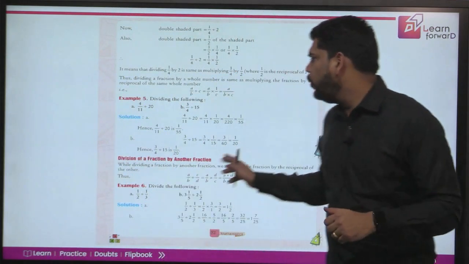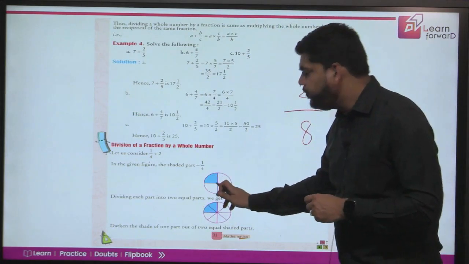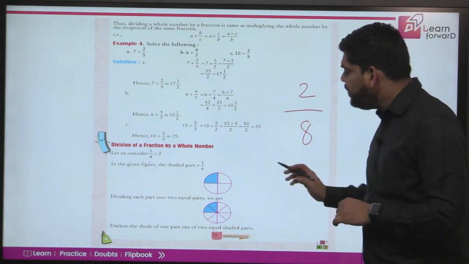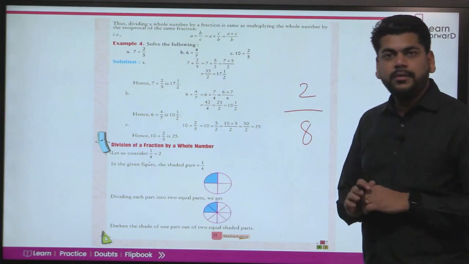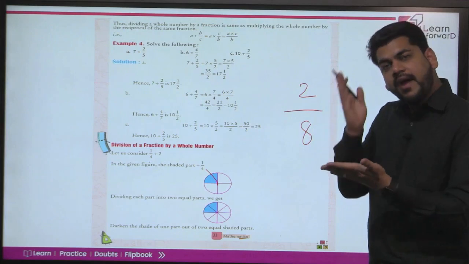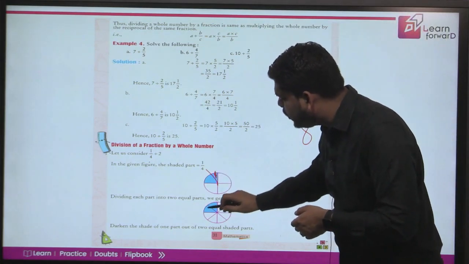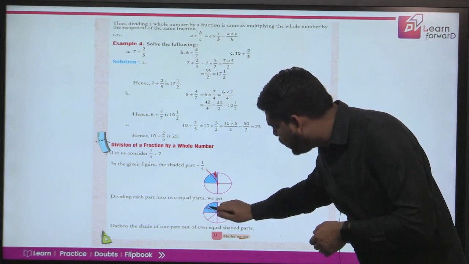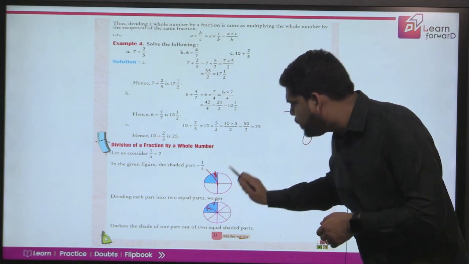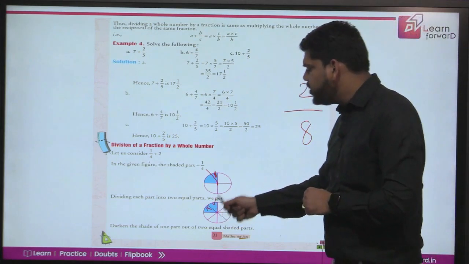Okay, so in this particular case, we have made 1/4 of this pizza, and if I say you don't take this one, you take half of it, you divide it into 2 parts, and then only take this portion, not the complete one. This one is wrongly shaded over here, only this particular portion you need to take, right? Then how many shaded parts are there?